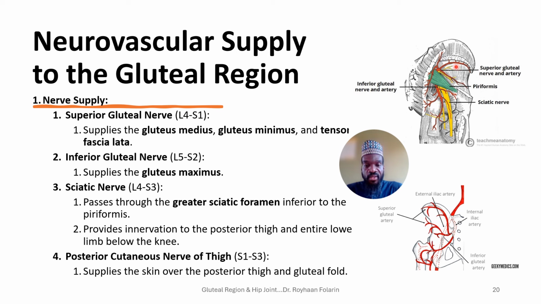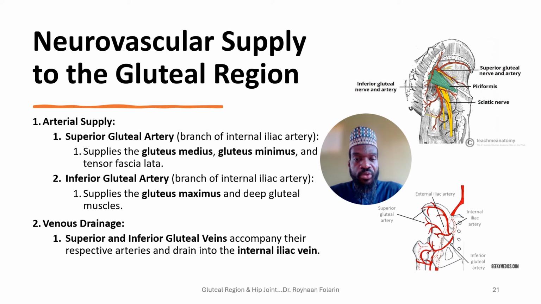And you see the gluteal arteries and nerves going together. So the superior gluteal nerve and the superior gluteal artery, and then the inferior gluteal nerve and the inferior gluteal artery. The superior gluteal artery also supplies the gluteus medius and minimus and the tensor fasciae latae, while the inferior gluteal artery also supplies the gluteus maximus and the deep gluteal muscles.